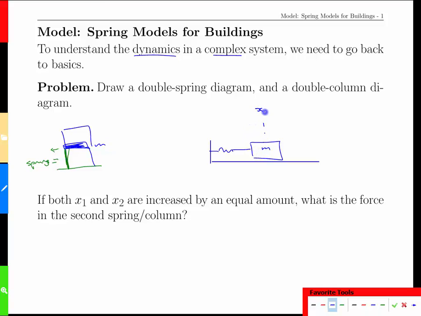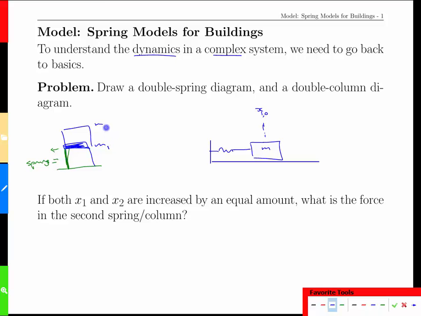Let's call it x naught, let's call it x1 naught, because there's going to be two floors running around. So there's some natural position, and as it moves left or right, a spring resists it. Just like this floor here has a natural position, and if it moves left or right, the springs, which are these support beams, will resist it.